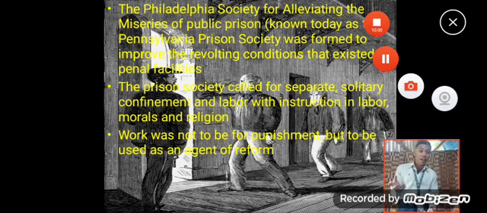During the early years of the Walnut Street Jail, the Philadelphia Society for Alleviating the Miseries of Public Prisons, known today as the Pennsylvania Prison Society, was formed to improve the revolting conditions that existed in the penal facilities.